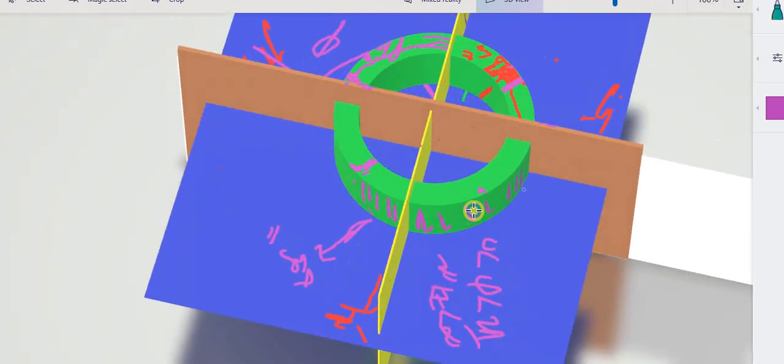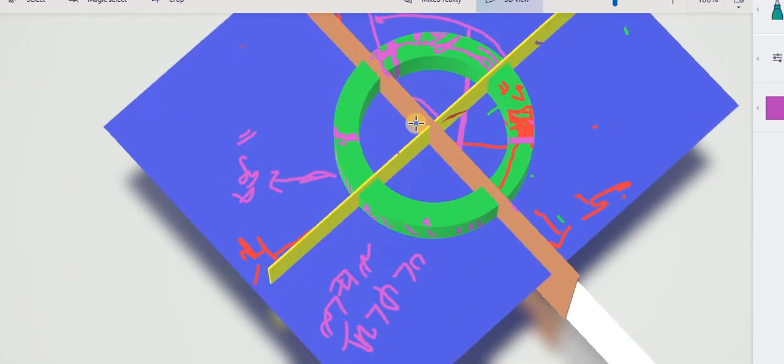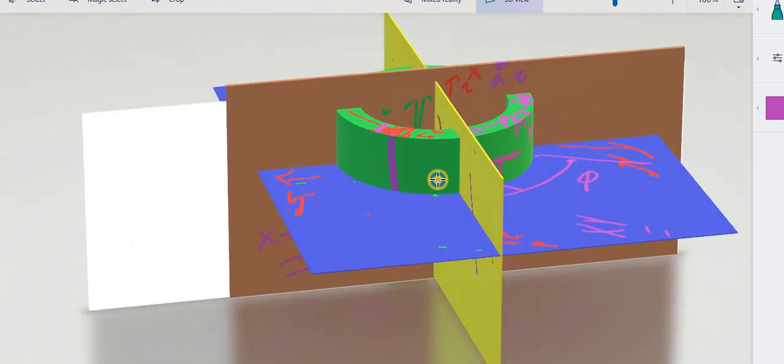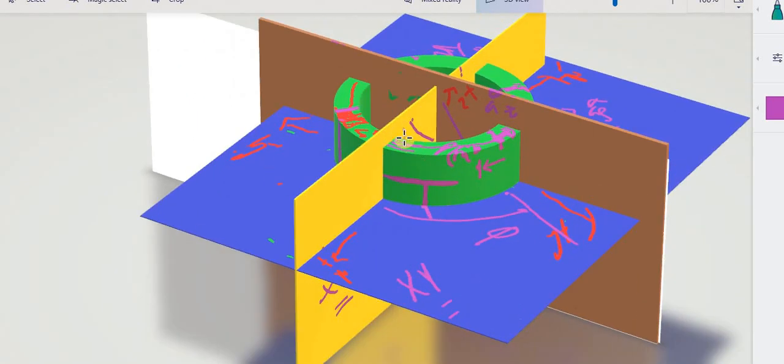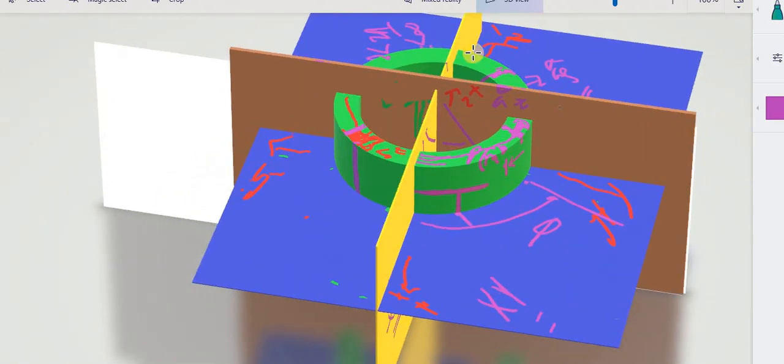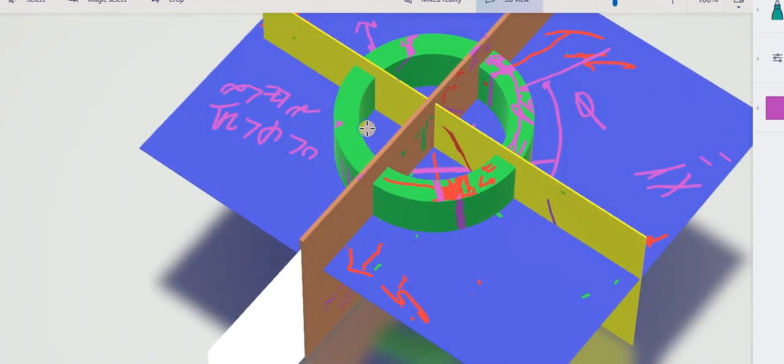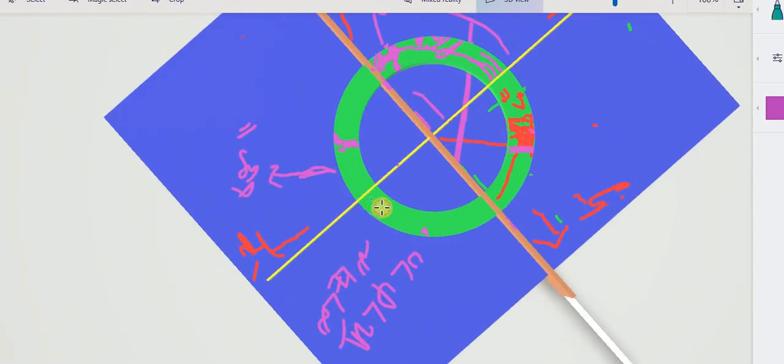Phi you have to consider from the positive x axis, from here to here. Phi is not changing, rho is also not changing.